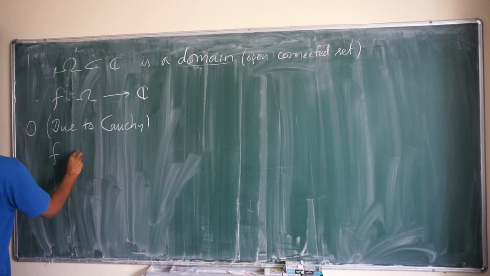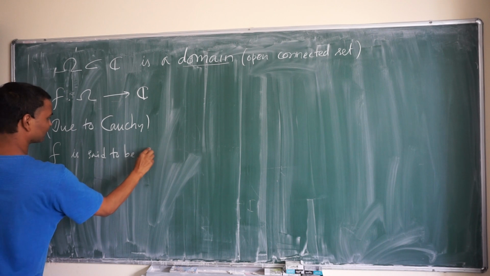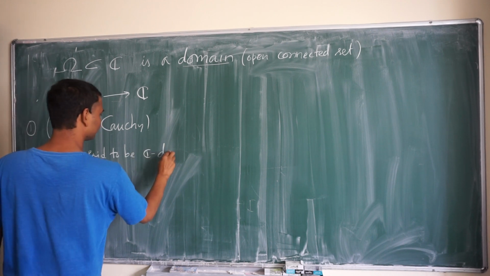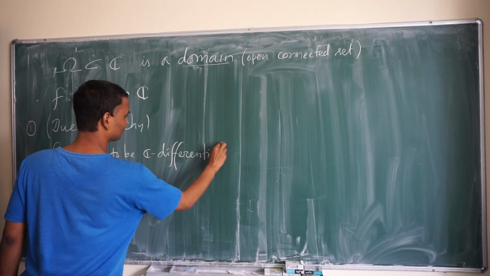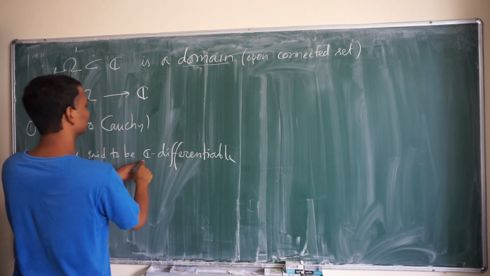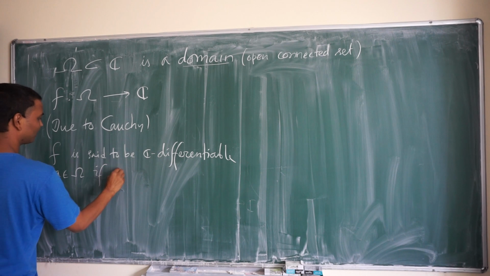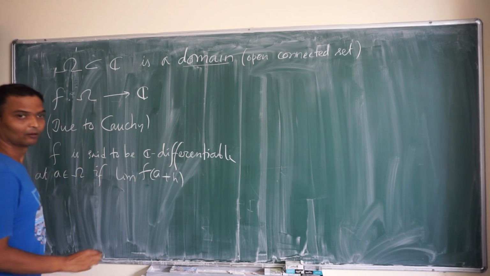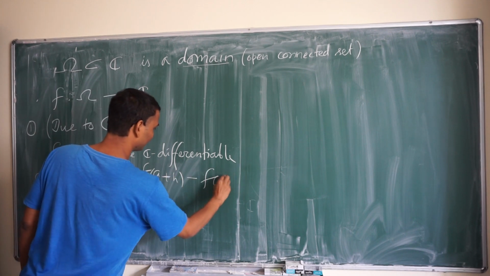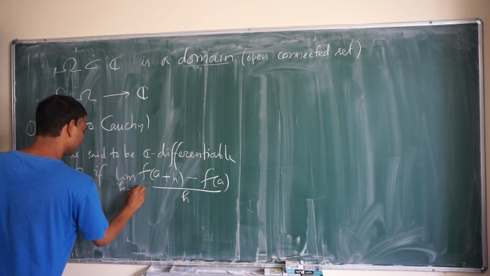f is said to be C differentiable, or complex differentiable, at a in omega if this limit, f of a plus h minus f of a by h as h tends to 0, exists.